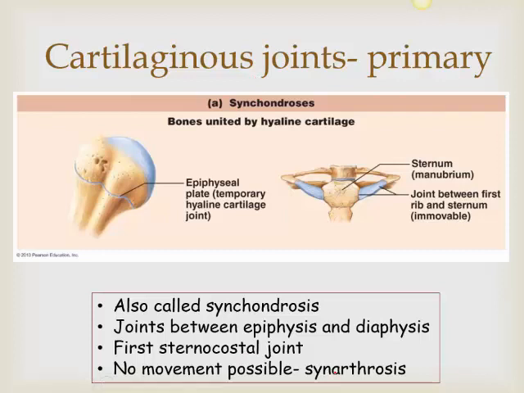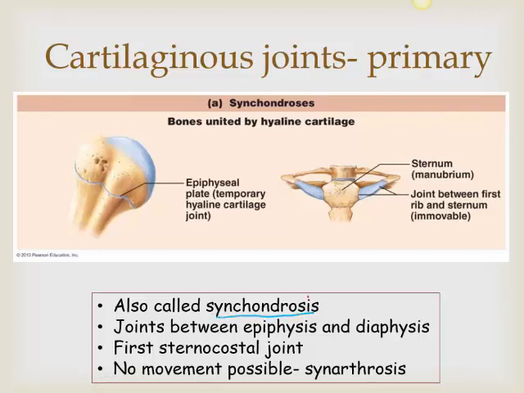Based on movement, it's called synarthrosis, because syn means joints coming together, no movement is possible, and because it is a region where cartilage is present, and then that cartilage disappears and the bones fuse. That's why this joint has another name. It's also known as synchondrosis.